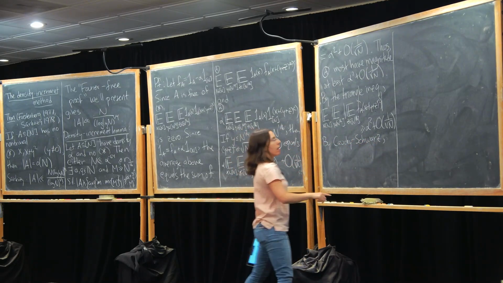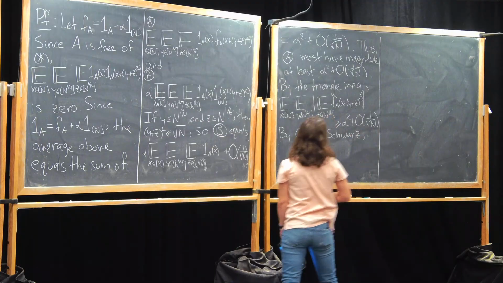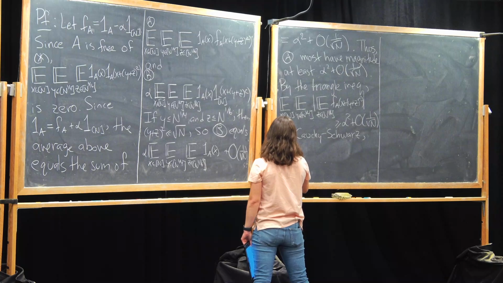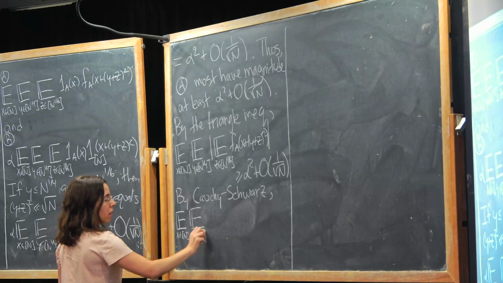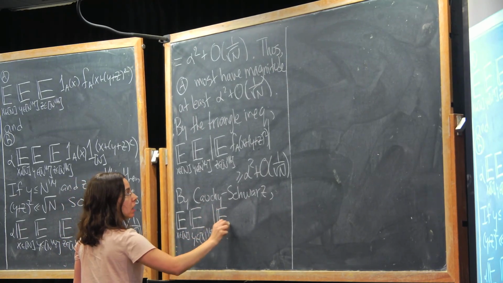So then that's going to have the effect of squaring this and also squaring the right-hand side. So we have the same average over x and y. Then we square the average over z.